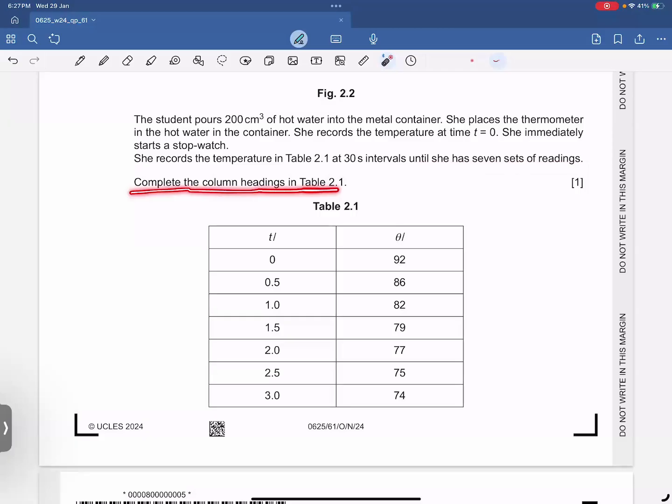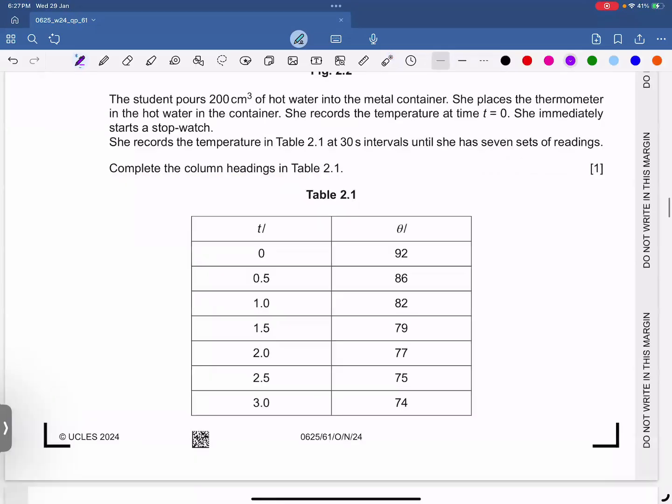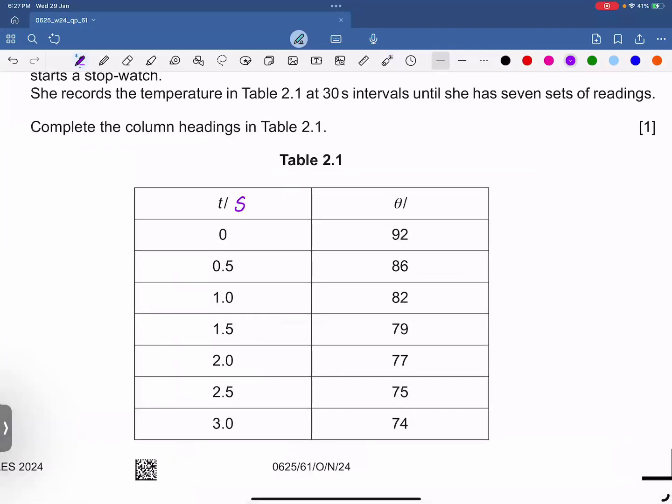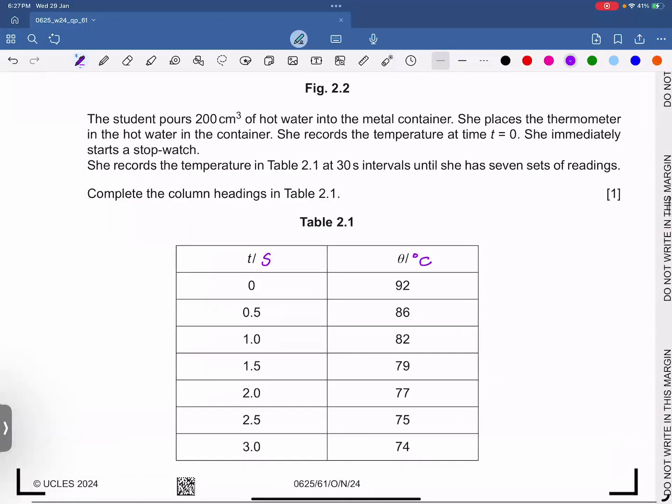Complete the column headings. Column headings, as I already told you, you have to write with correct units. So correct units for time, it is second, and temperature degree Celsius. No, actually it's not second, because they say every 30 seconds.